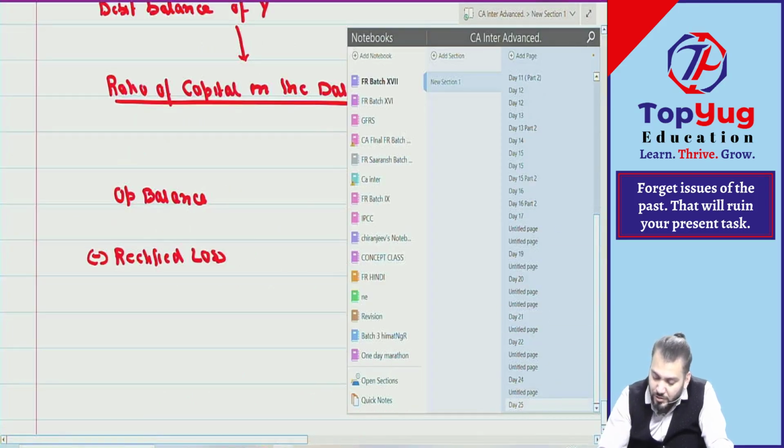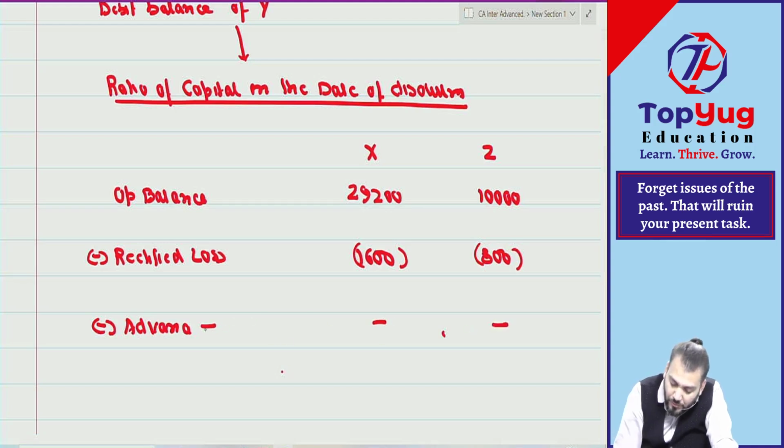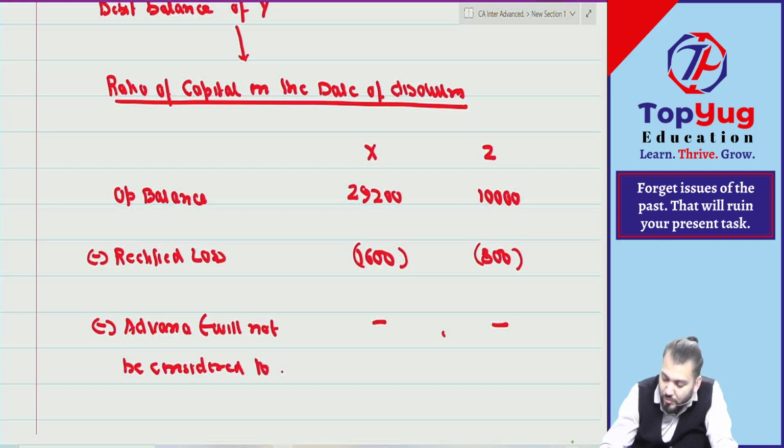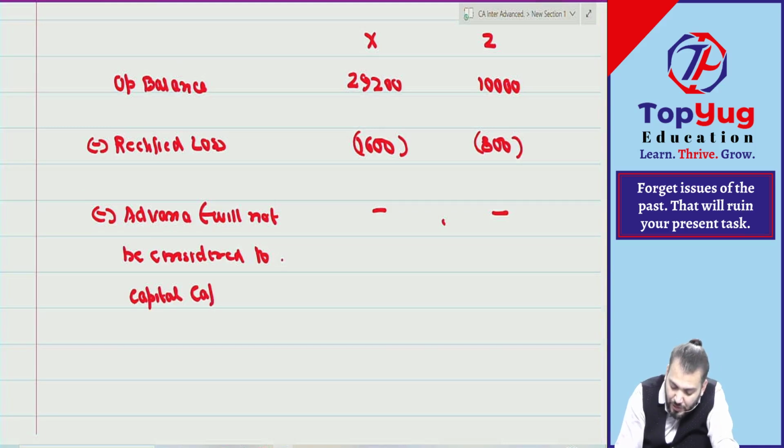Yes, sir. So just write down: minus advance, will not be considered to calculate capital on the date of dissolution.